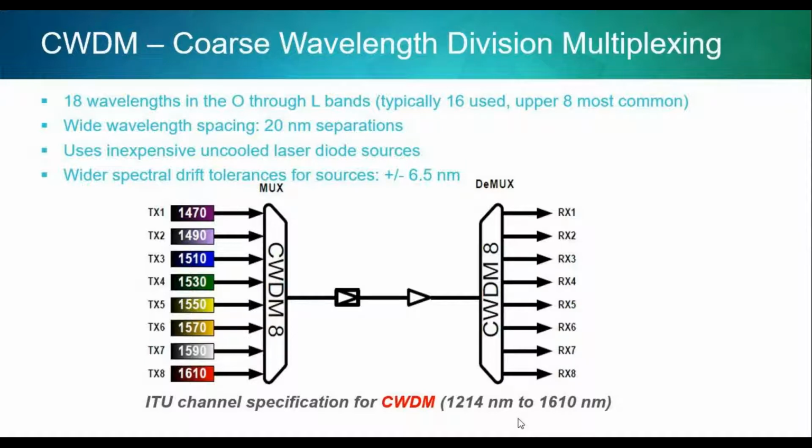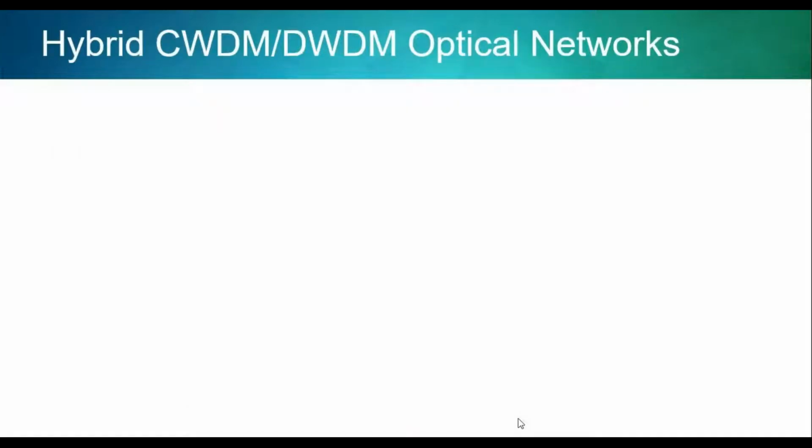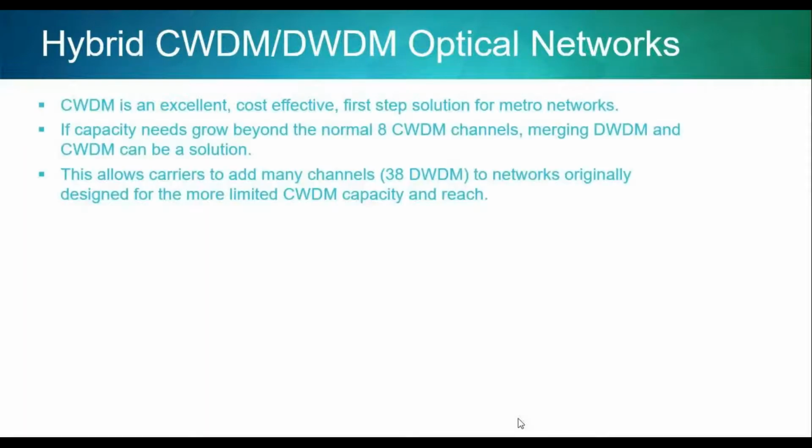And that brings us to the possibility of leveraging those CWDM networks to add DWDM on top of those. We call those systems hybrid CWDM, DWDM optical networks. And you probably have seen those or heard about those. So how does that look? Well, it's really a cost-effective way of using what you have already developed and installed in the metro networks.